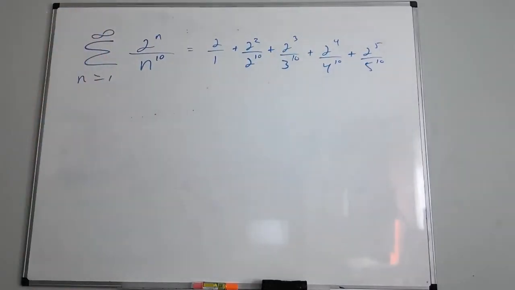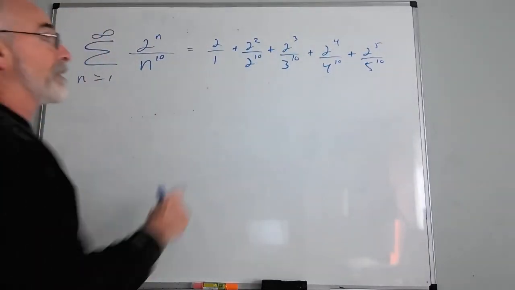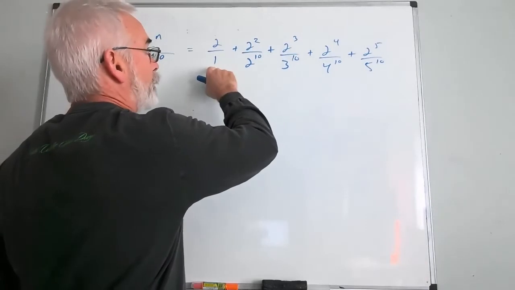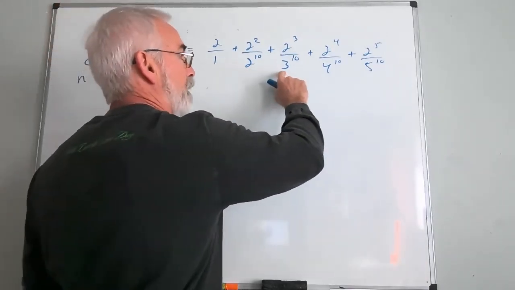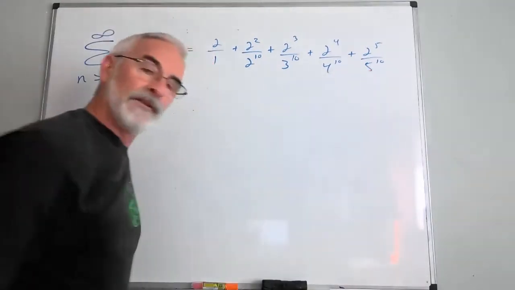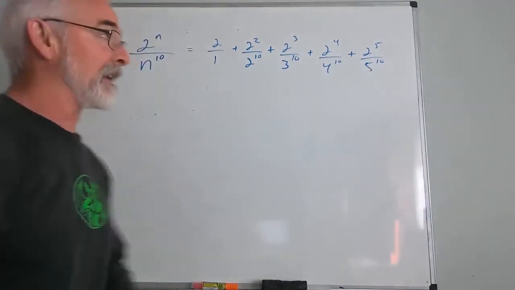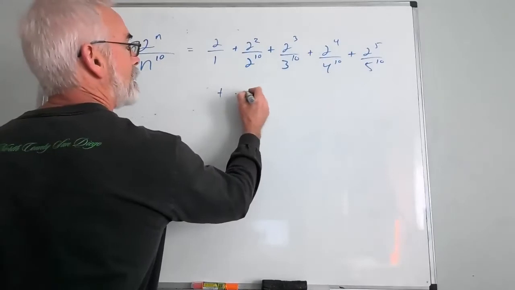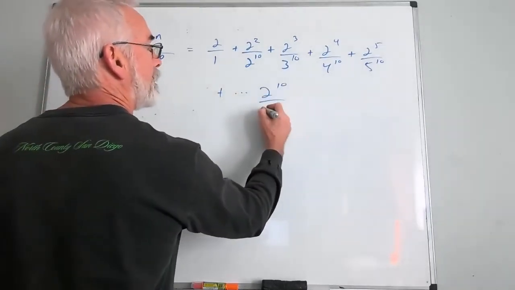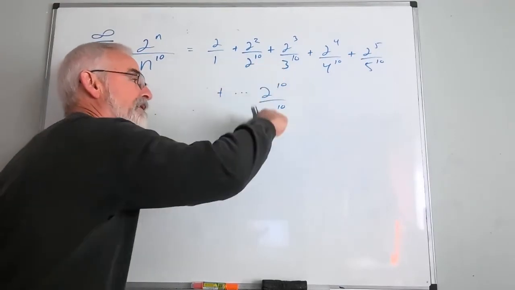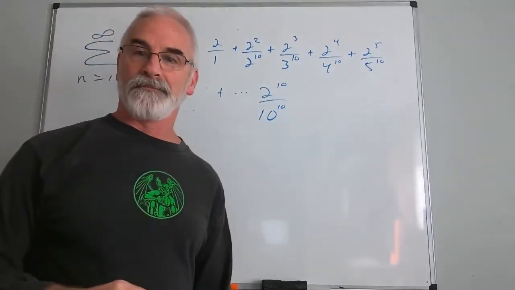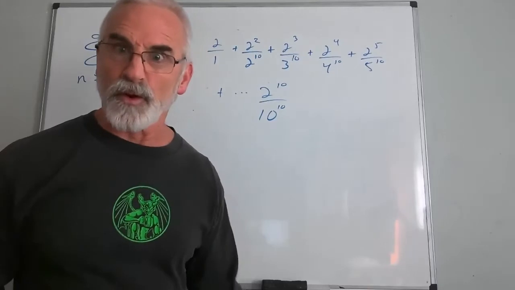These terms are getting really small. Okay, that's 2. This is 1 over 32. This is much smaller. This is much smaller. This is much smaller. I mean, by the time I get to 2 to the 10th over 10 to the 10th, that's 1,024 over 10 billion, which is on the order of 1 over 10 million.